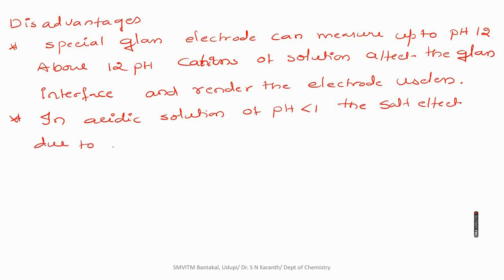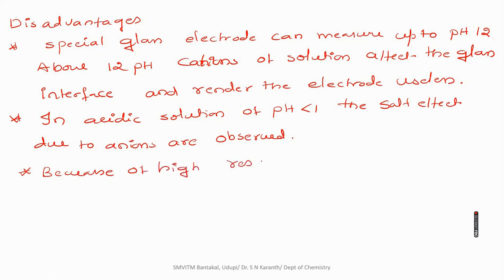Then the third disadvantage we observed in this electrode is because of the high resistance of glass. Here we use a thin glass bulb with high electrical resistance. It is necessary to use a special electronic potentiometer. The ordinary potentiometer is not sufficient.